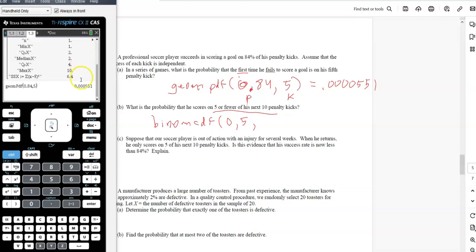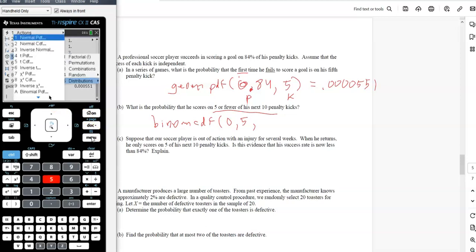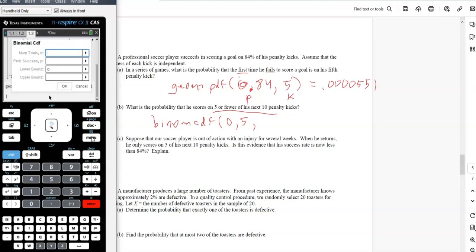Let's just go to the command. I forget the syntax, sometimes the order of things on this. So menu 5, binomial CDF is B there. N is the number of trials, where there's 10 of them. Number of successes, a probability of success is 0.84.